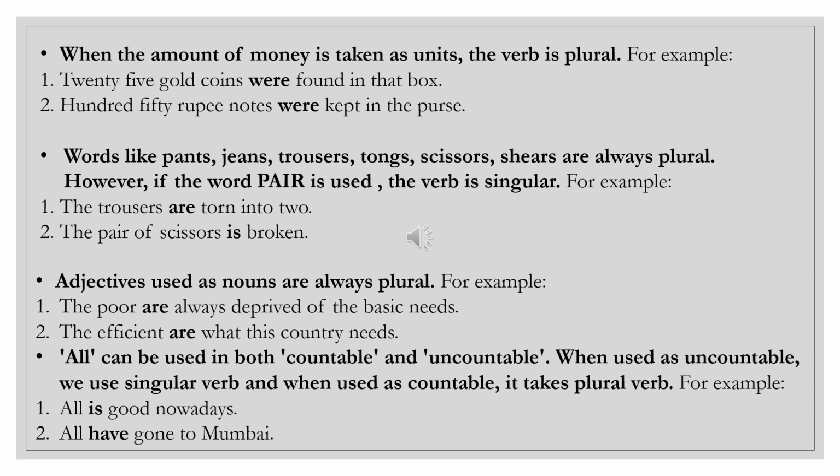All is good nowadays. And in the second context, all have gone to Mumbai, we mean that all people have gone to Mumbai, or all of my friends have gone to Mumbai. So it indicates countable nouns as countable members. So in the second example, we are using the plural verb have.